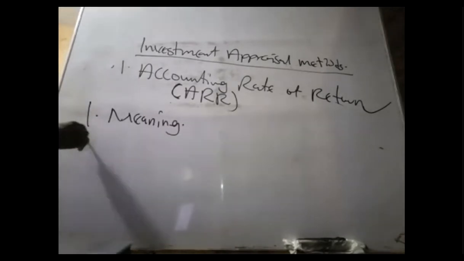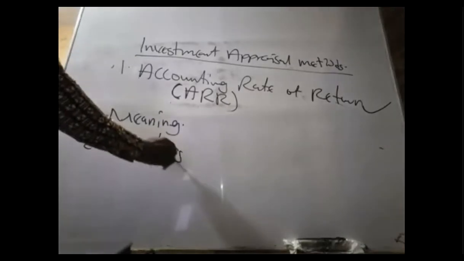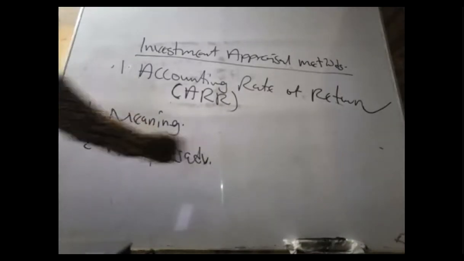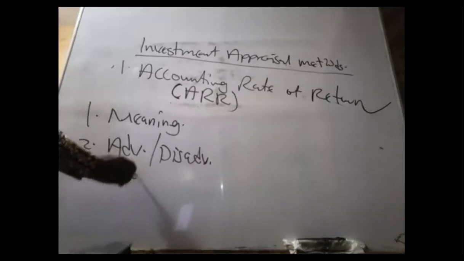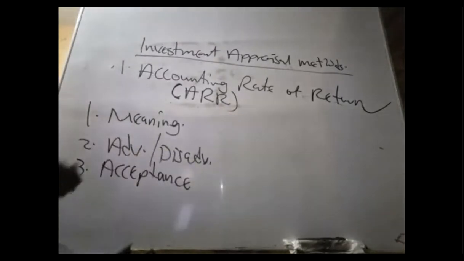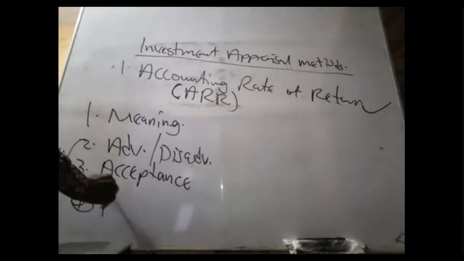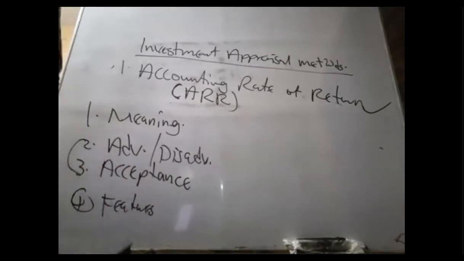Number 2, the advantages and disadvantages of the method. Number 3, the acceptance criteria, meaning on what basis do you select projects based on this method. And number 4, which combines these two together: the features and the ways it can be improved.